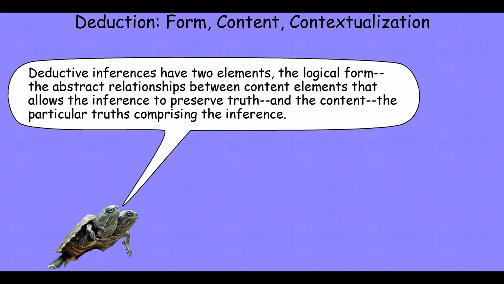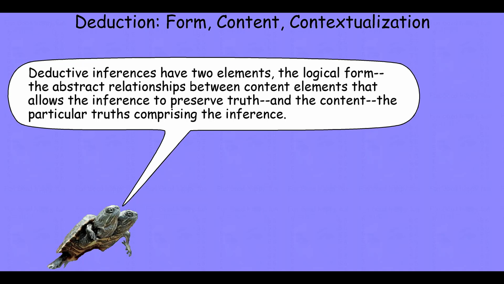In order to accomplish this goal of preserving truth across the inferential transformation, deductive inferences really combine two components. On the one hand, there is this underlying structural relationship between individual content elements in a deductive inference. And that structural relationship proves essential to the preservation of truth across the inferential transformation.